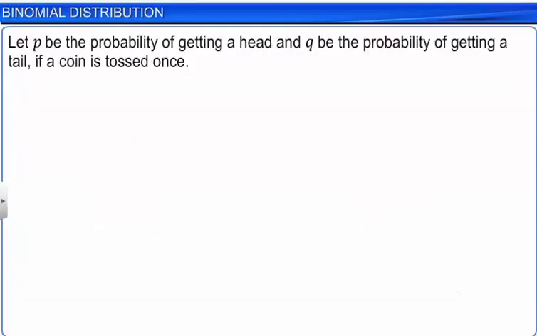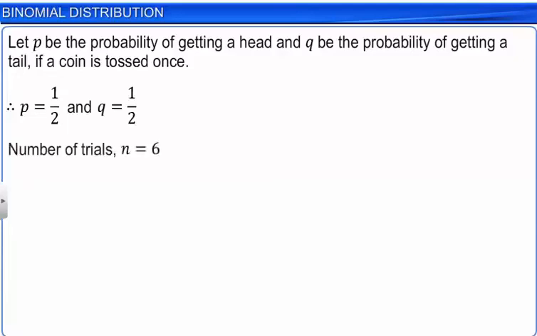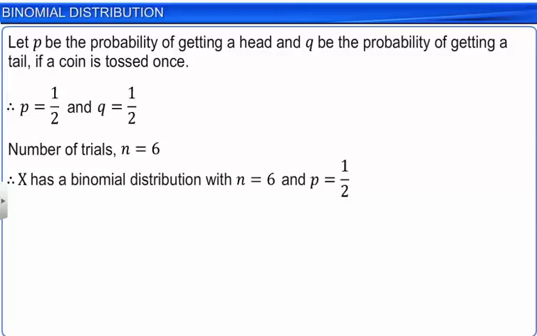Let P and Q be the probabilities of getting a head and a tail, respectively, if a coin is tossed once. Therefore, P is equal to 1/2 and Q is also equal to 1/2. Since the coin is tossed 6 times, the number of trials is equal to 6. Therefore, X has a binomial distribution with n equal to 6 and P equal to 1/2.